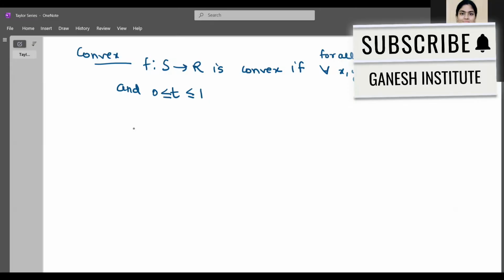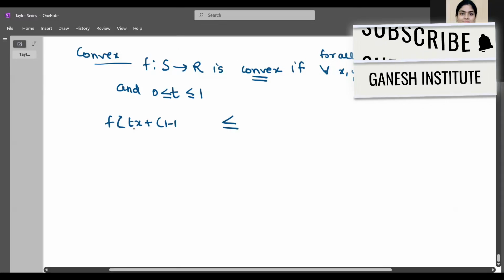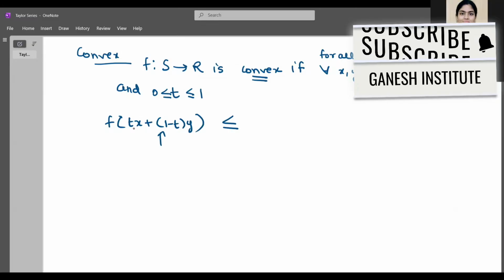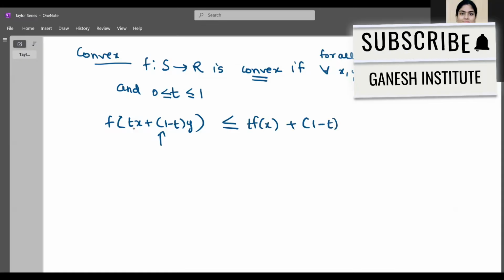So for convex, we have what? Minima, maxima. Convex is minimum. So this is my minimum, if you substitute the value of the linear combination function, then it will always be lesser than your scalar distribution.